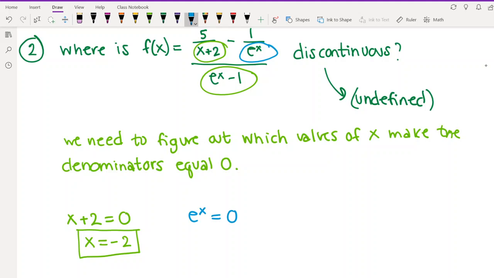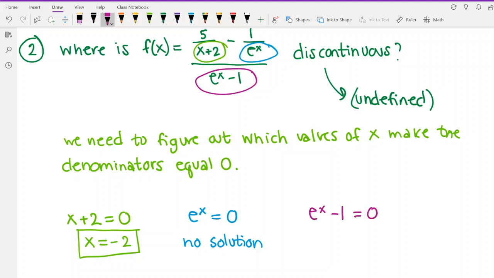So is e to the x ever equal to 0? No, right? There's no number that will ever make that 0. And so that basically tells us that there's no solution, and that doesn't mean that there's anything wrong. That just means that that part of this function is not going to contribute any discontinuities. And then the third denominator we have is e to the x minus 1.